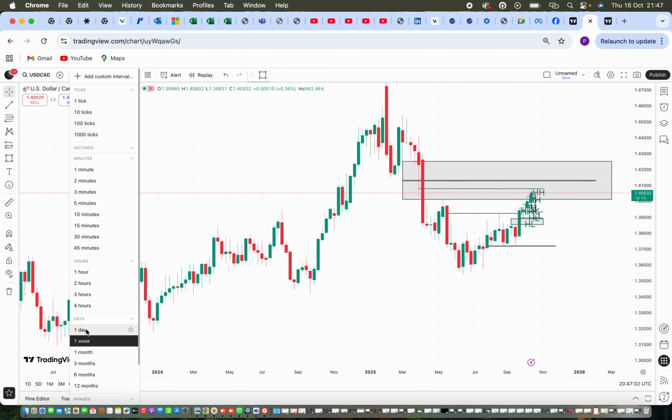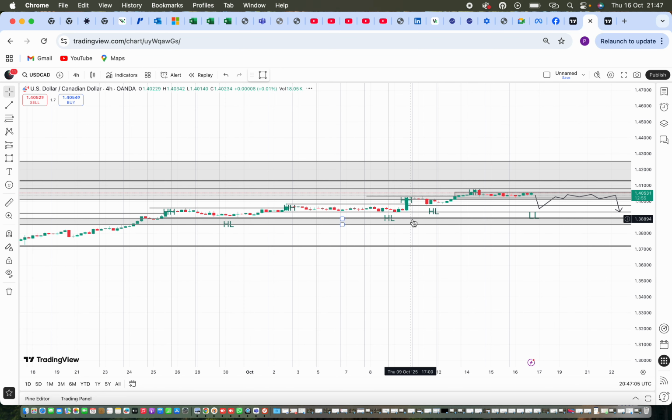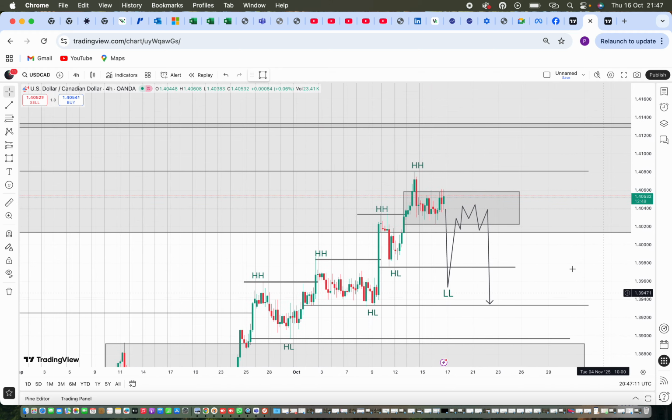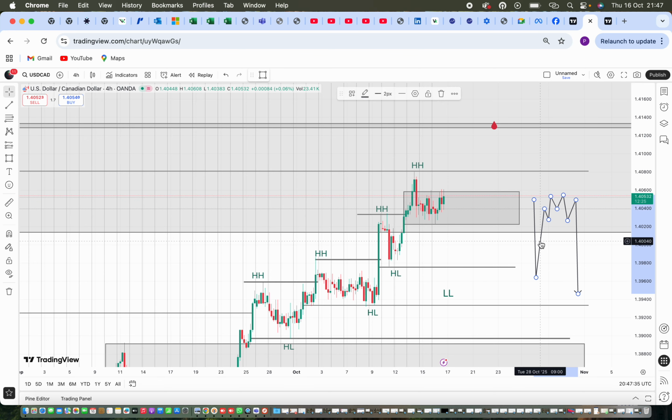If I go back to that 4-hour time frame, you can see that we are a bit close, and if price fails to reverse here, price will need to reverse around this level. So with what we are seeing now, if price fails to give us a lower low, we may see another high. Let me just give you guys another scenario.